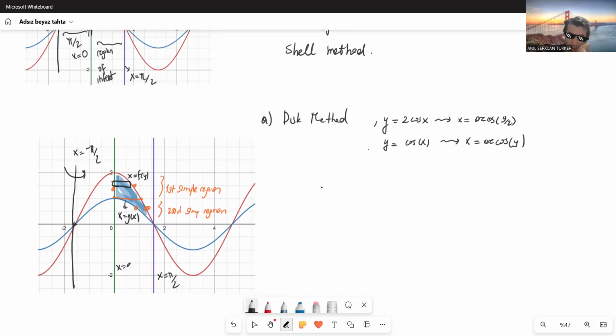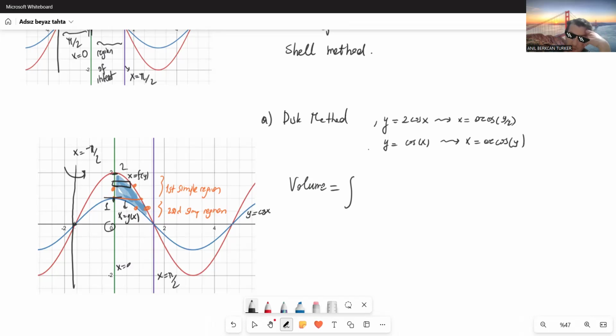Now let's apply this method. The volume is equal to the first integral. Let us understand this intersection point, which is very easy: y equals cosine x, and when x is 0, it is 1. So this height is 1, and this height is 2.